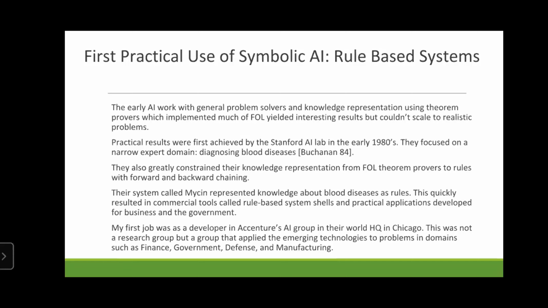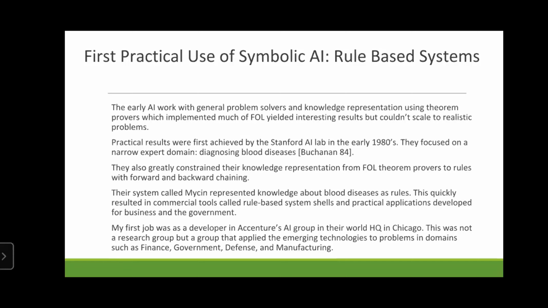Instead of trying to implement most of first order logic, all they tried to do was implement if-then rules and use essentially modus ponens. So you have a rule like: if X is human, then X is mortal. Then you assert a fact like Socrates is human, and using that rule with modus ponens, you deduce using forward chaining that Socrates is mortal.